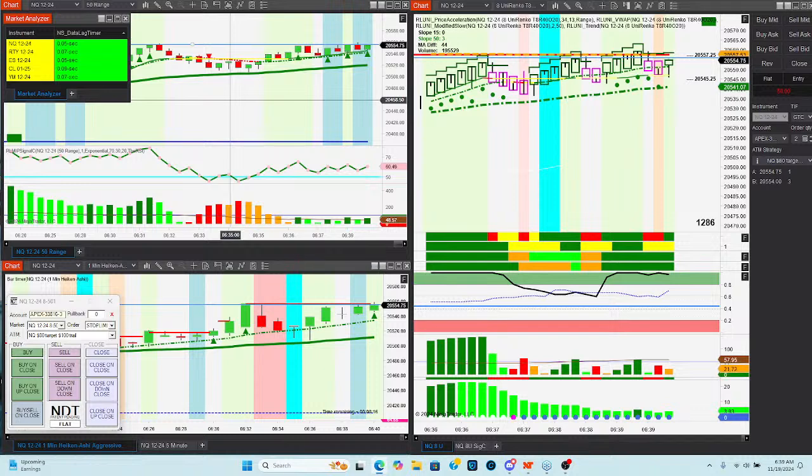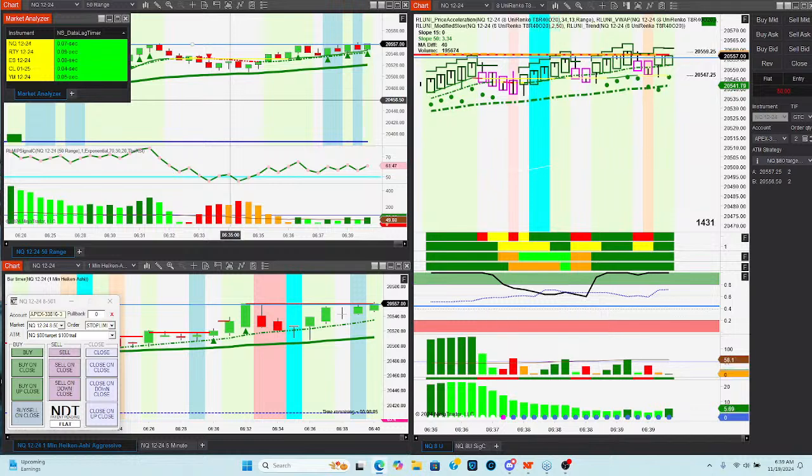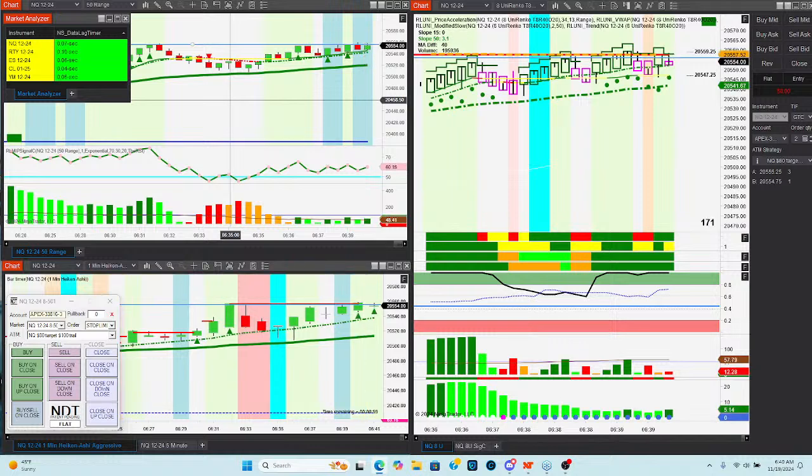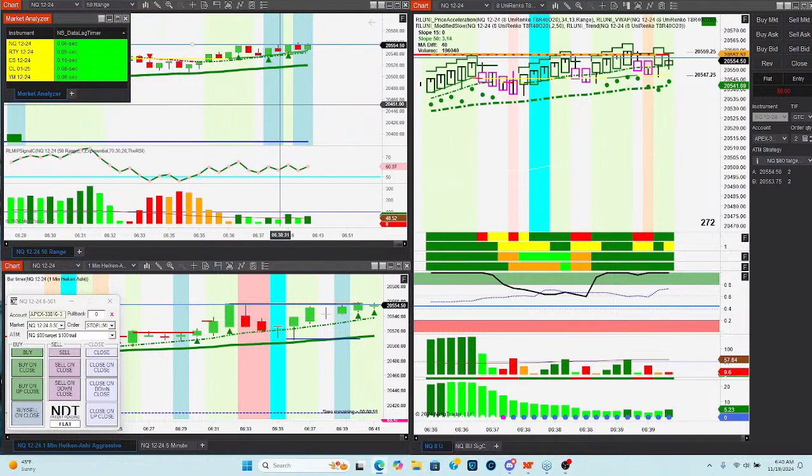Now we had all that nice movement pre-market. Now it's kind of going sideways, but that's all right. We don't have any news today that's really going to affect us. We don't have any speeches. So what I'm looking for, I'm going to look for bias here.